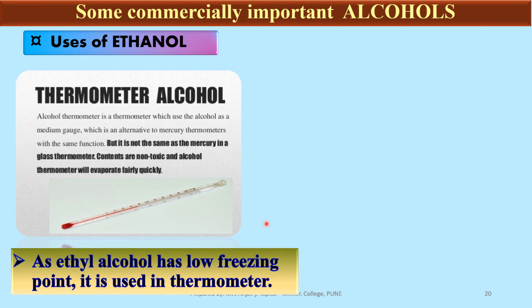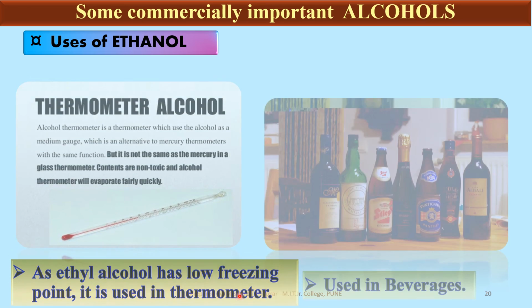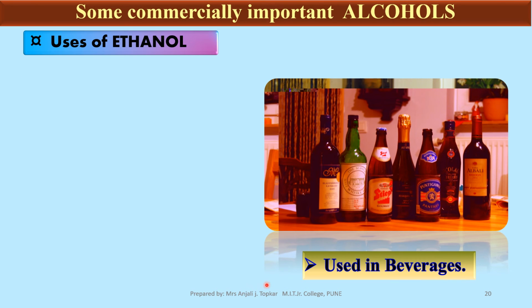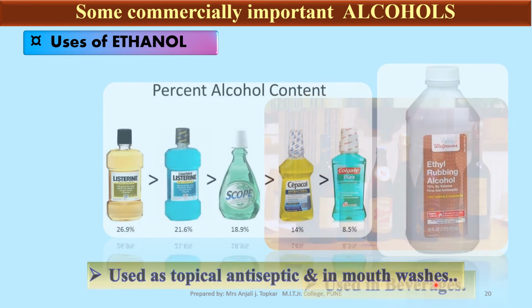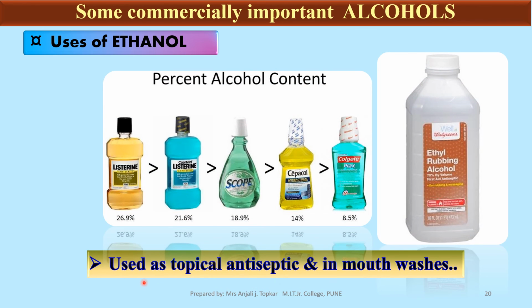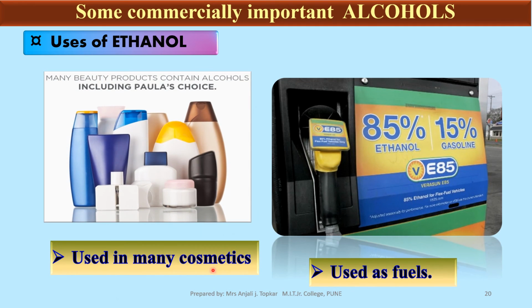As ethyl alcohol has low freezing point, it is used in thermometer. It is used in beverages. Ethanol is used as topical antiseptic and in mouthwashes, even in rubbing alcohol. It is used in many cosmetics and in fuels also.